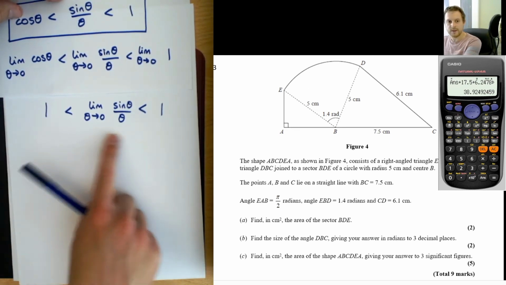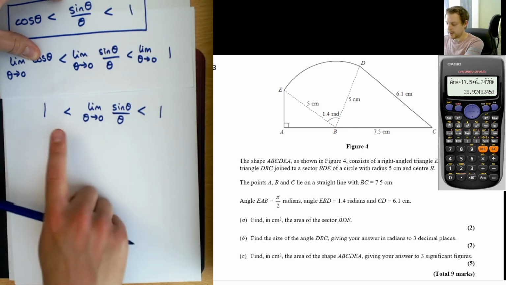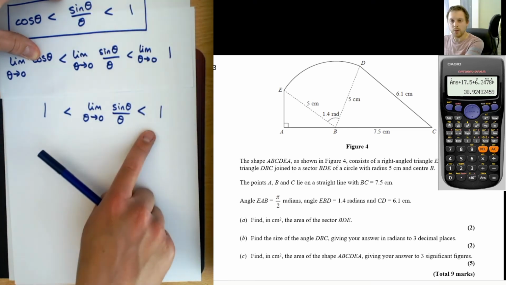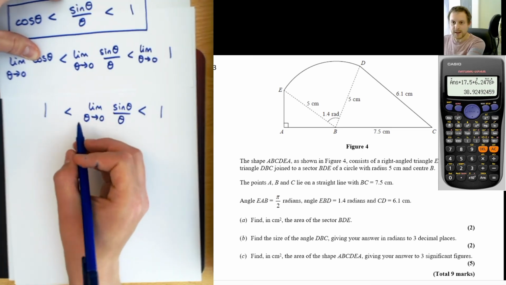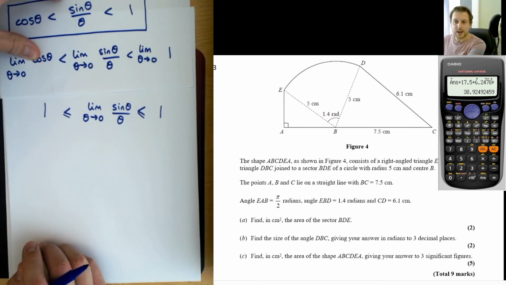So what we have here is a situation where sine theta over theta, the limit as theta goes to 0, is literally sandwiched between 1 and 1. So maybe to make this a little easier to digest, I could have started with less than or equals in the first place, right?